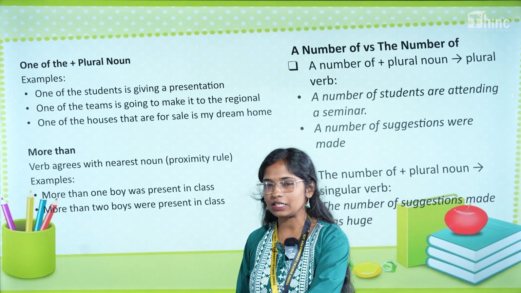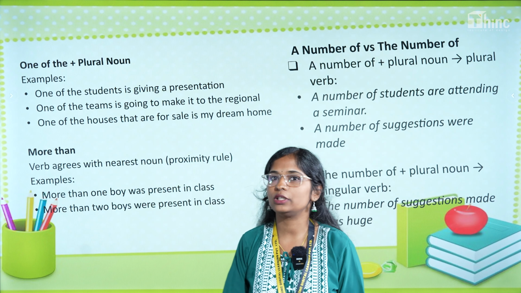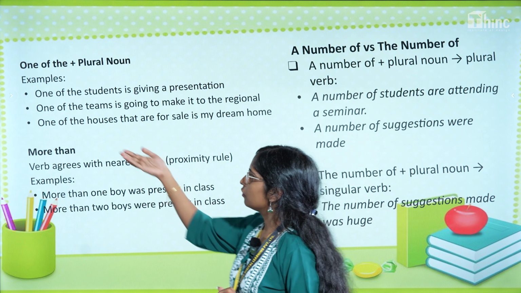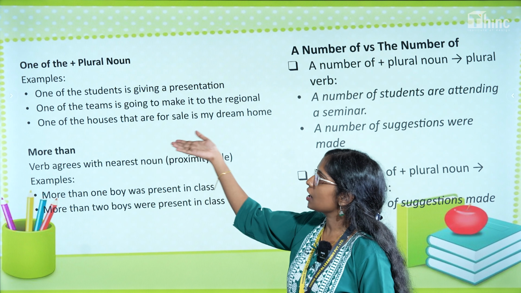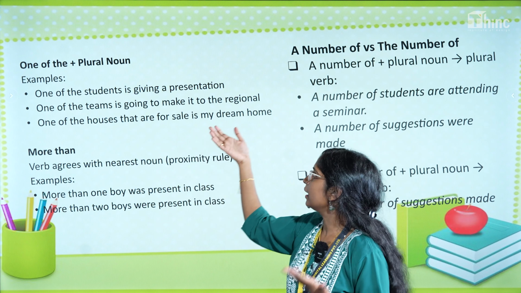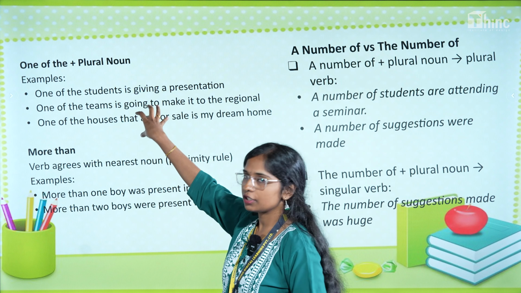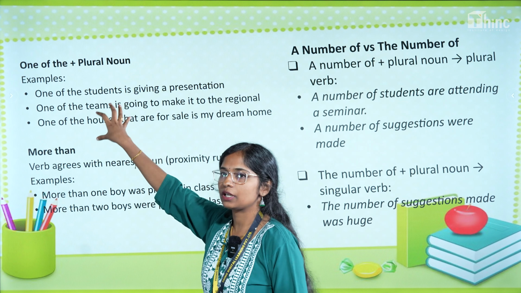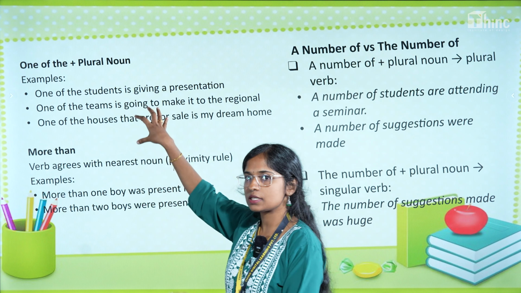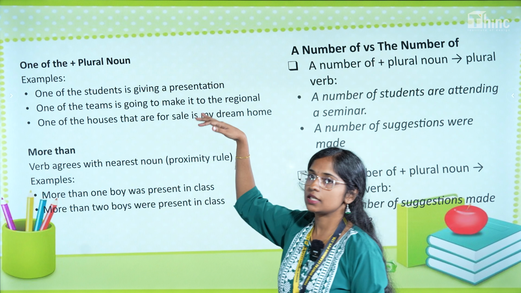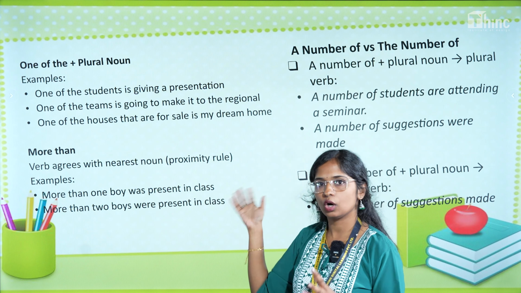We have a lot of teams there, and among them only one team. So we are talking about a singular subject. One of the houses that are for sale is my dream home. Here, the "are" you see here is only for the houses. A lot of houses are on sale, and among those houses, one of the houses is my dream home.